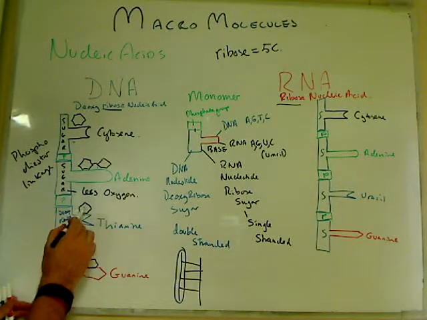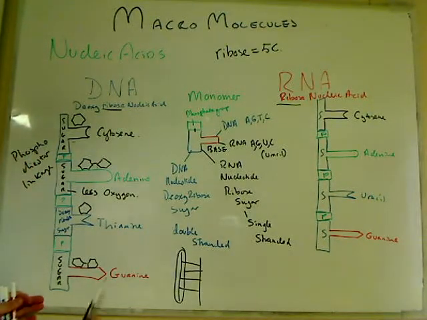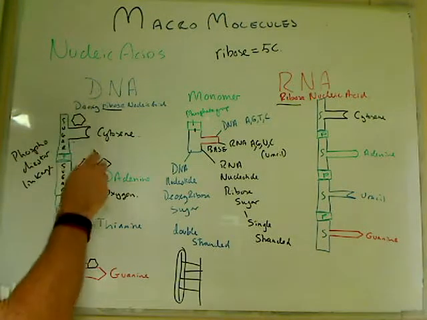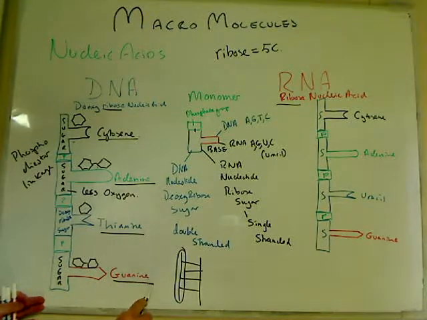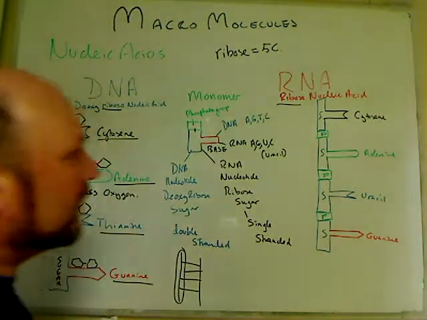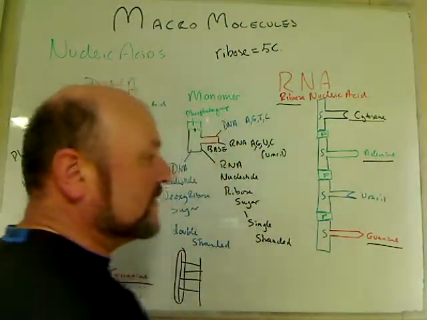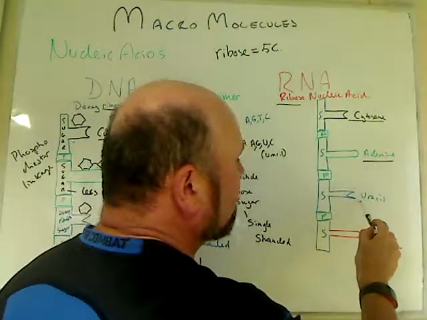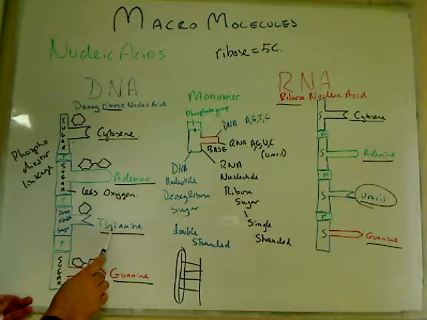So 2-ring structures, 1-ring structure. That makes more sense when we actually talk about it in a few weeks' time. So in DNA you've got cytosine, adenine, thymine and guanine as your 4 bases. In RNA, you have cytosine, adenine, and guanine, the same as DNA, and then a difference here, uracil replaces thymine.